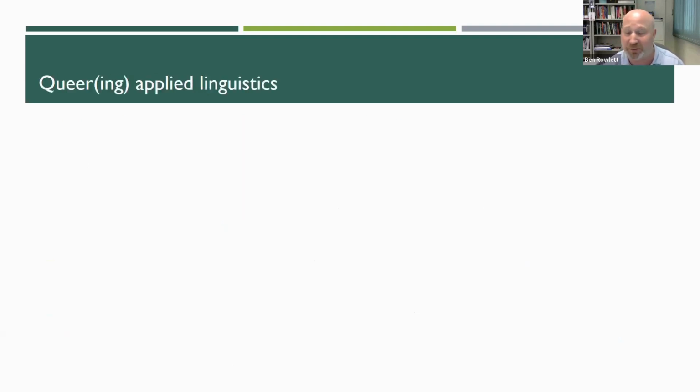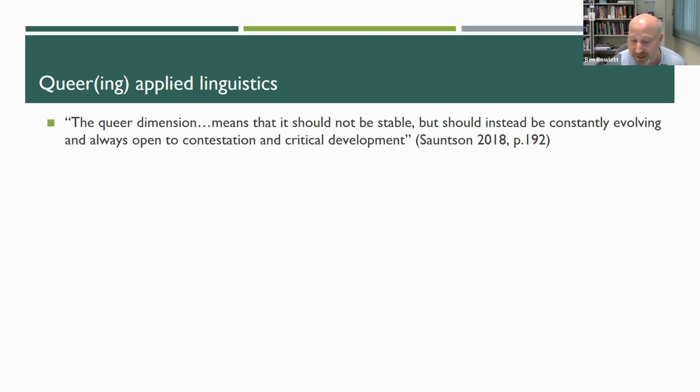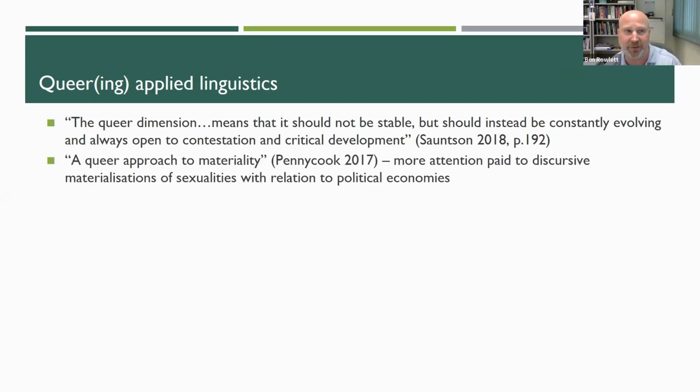Okay, so after all that, let's end with some thoughts about a queering of applied linguistics in general, and some potential ways forward, I think, for this approach. So firstly, by approaching language-related problems or practices in real-world contexts, we need to be mindful of how our approaches need to be constantly evolving, of course, and very much open to critical development, as Sorensen says.